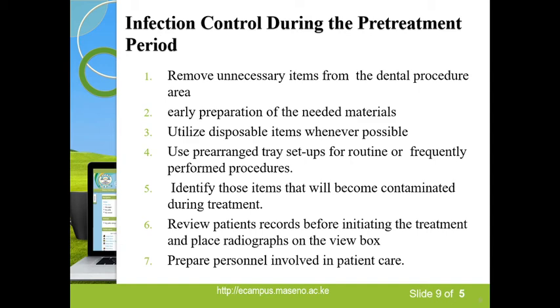So whenever there's a procedure that needs to be done, you just have the tray that has everything that is needed for that procedure. It's just a matter of arranging it, just opening it up, and then you're free to go on with the procedure. Now, another thing is to identify those items that will become contaminated during treatment.